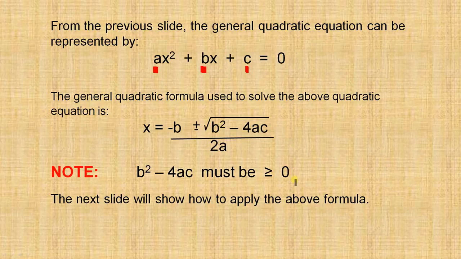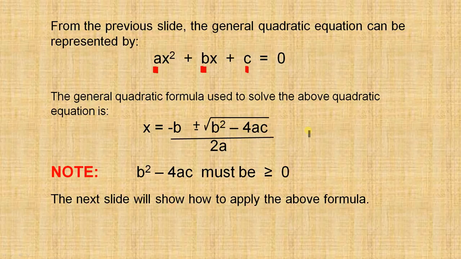It is important to note here that b squared minus 4ac must be greater than or equal to 0. If that is the case, then we can find the square root of the number under the square root sign. If this number is less than 0, then we're asked to find the square root of a negative number, and we can't do that because the answer will be a complex number, and that's not inside our scope at the moment.